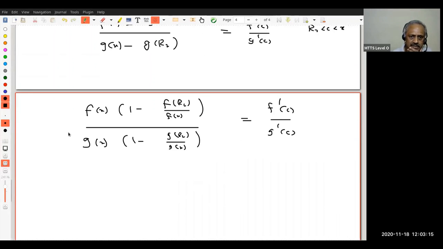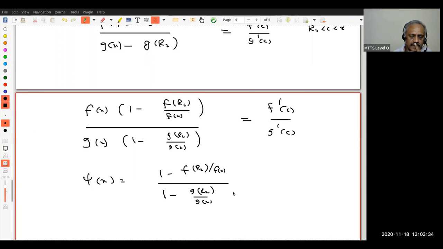Now, as I explained, this fellow is between 0 and 1. This guy is also between 0 and 1. So, call this psi of x equal to 1 minus f of R2 by f of x, by 1 minus g of R2 by g of x. This is a positive quantity by positive quantity, so it is greater than 0. That's the first thing you should observe.